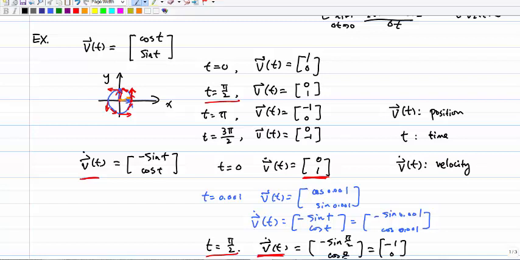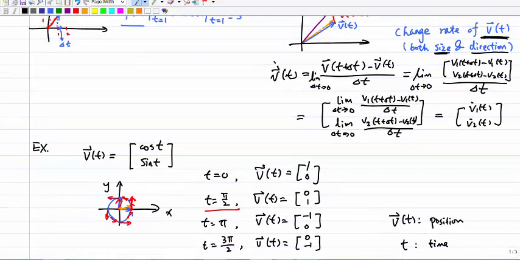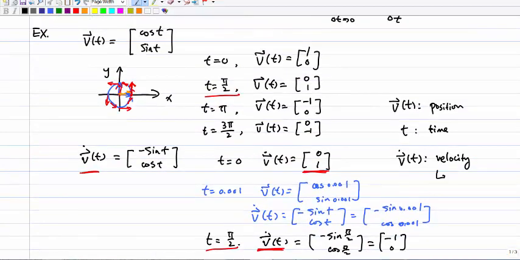Yes, that makes sense because velocity is the change rate of your position. In the general sense, because v sub t does not necessarily mean position, it doesn't always mean velocity. It just means the change rate of v sub t. If this means position, the change rate of position is velocity.